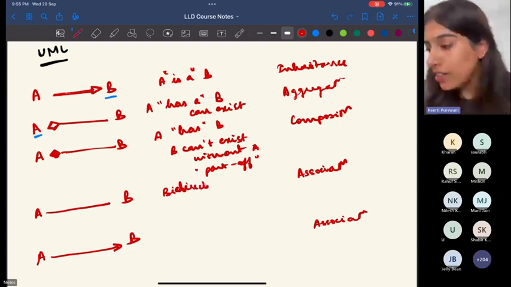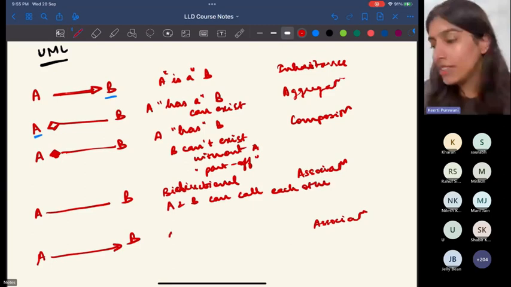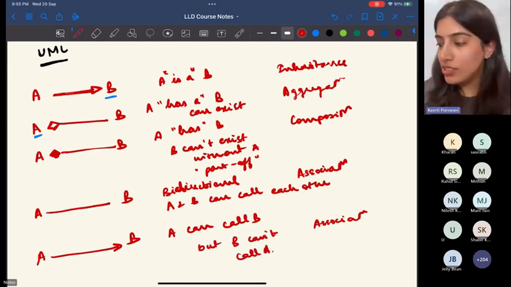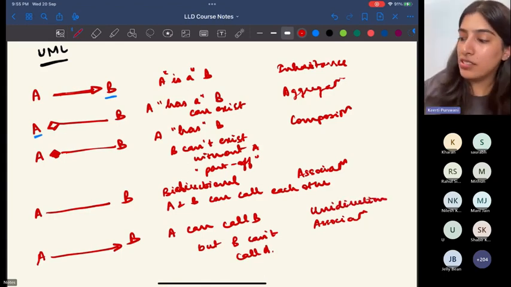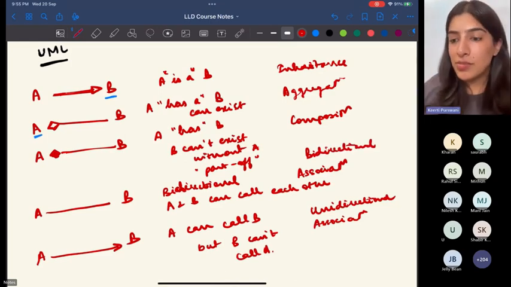Basically, A and B can call each other. Versus here, A can call B, but B can't call A. So this is unidirectional association. And this is bidirectional association. Does this much make sense?